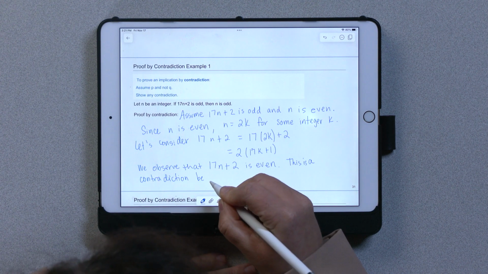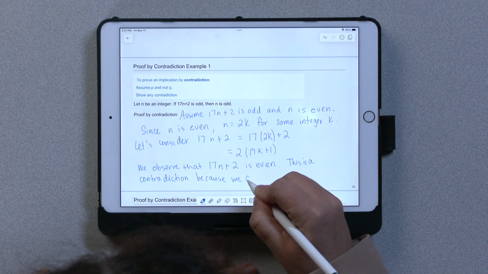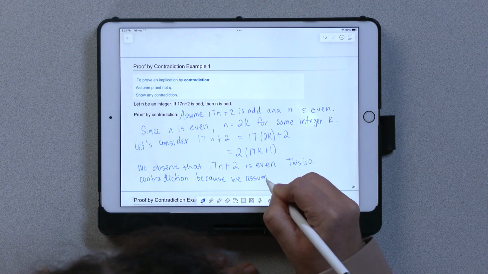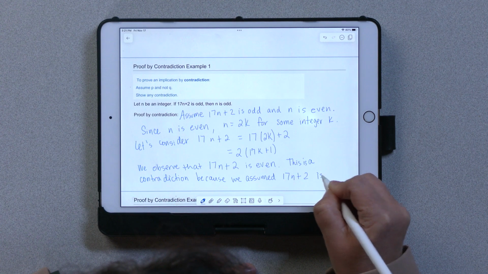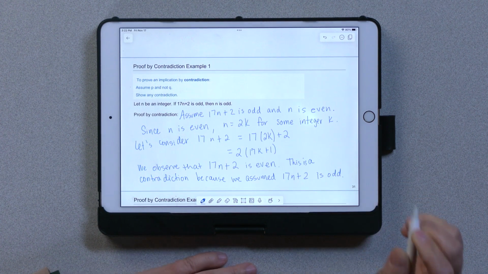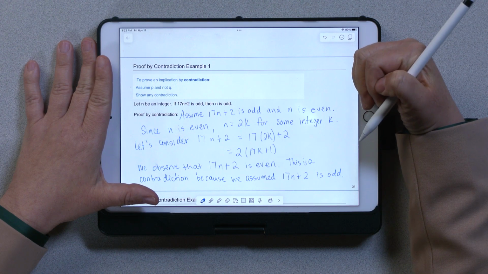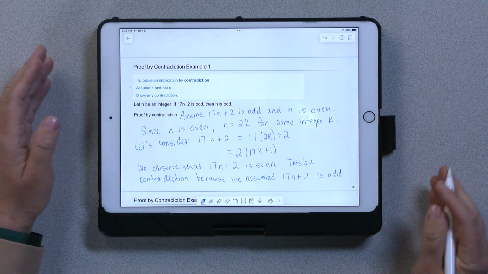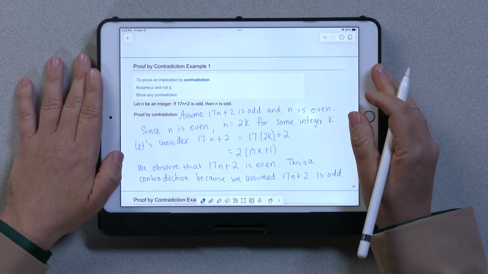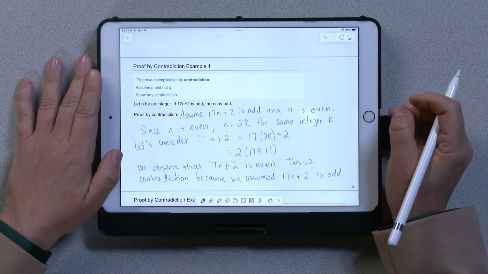Because we assumed it was odd. Therefore, the negation of this implication must be false, and that means the original implication, if 17n plus 2 is odd, then n is odd, is true.